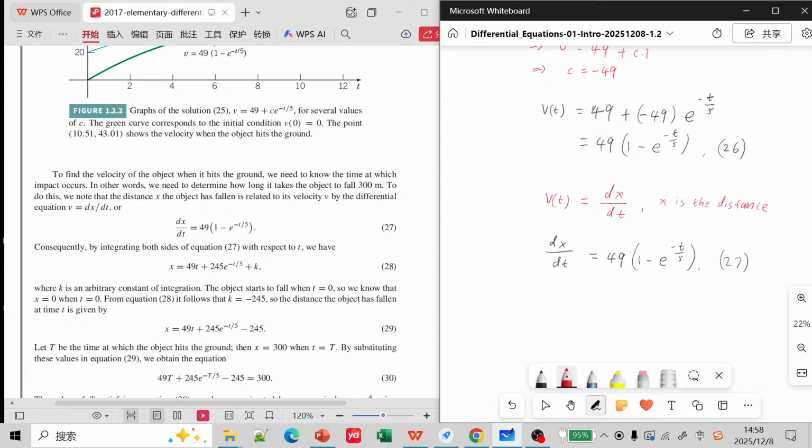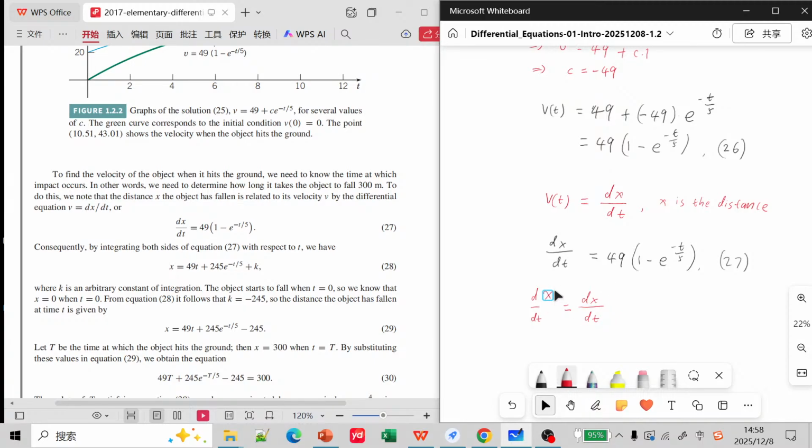If we think of the function x and then we do dx over dt, we want to do its antiderivative.